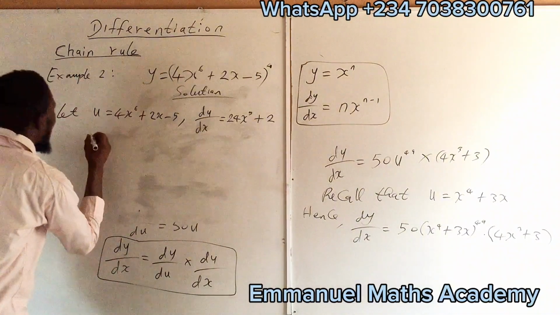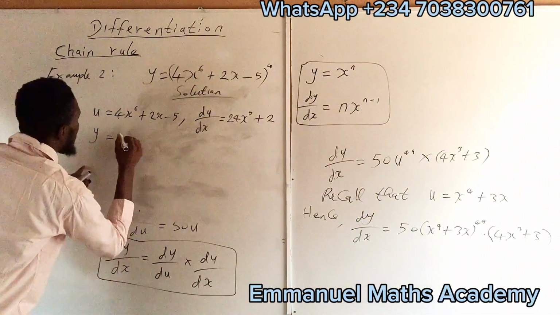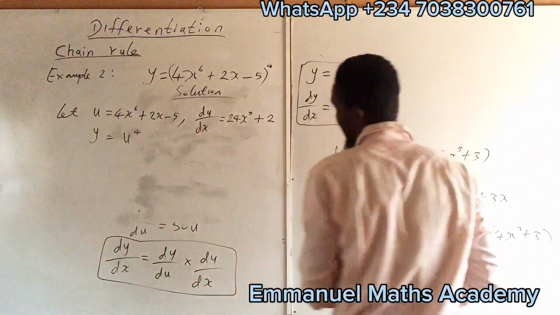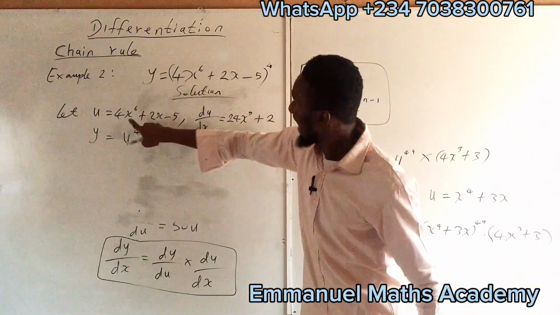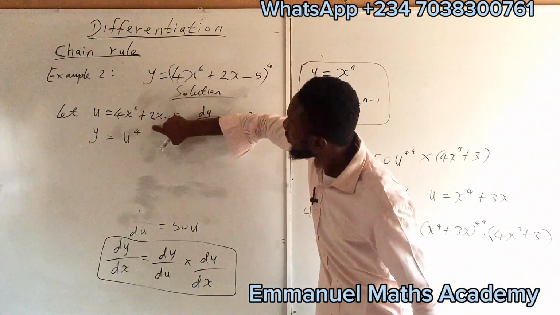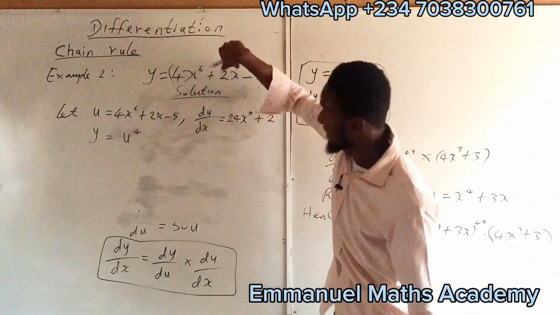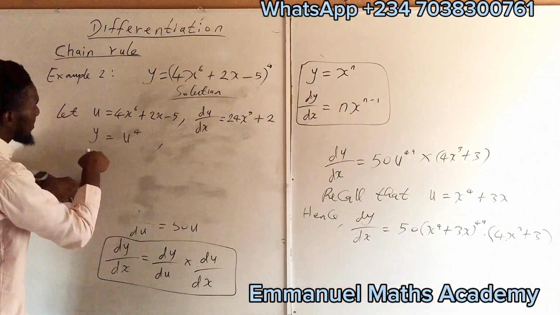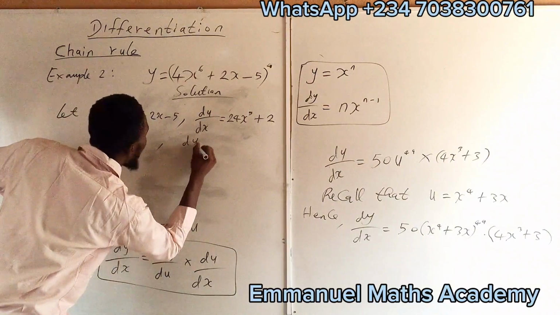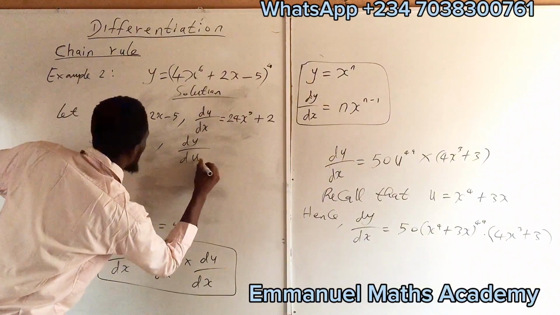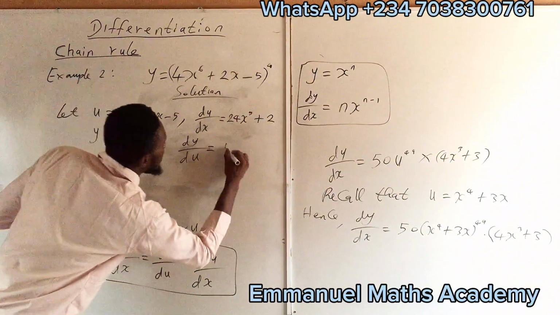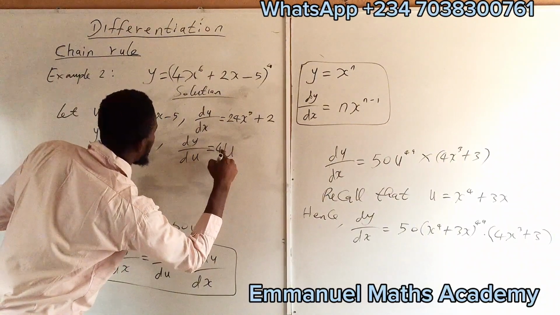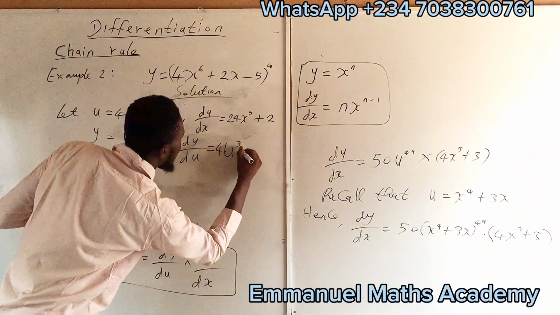Then our y is u raised to power 4, because our u is this whole thing. Now, differentiating y with respect to u, we have that our dy du is equal to 4 times u raised to power 3.